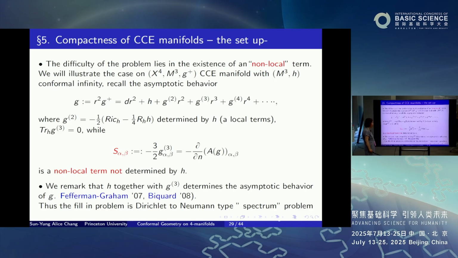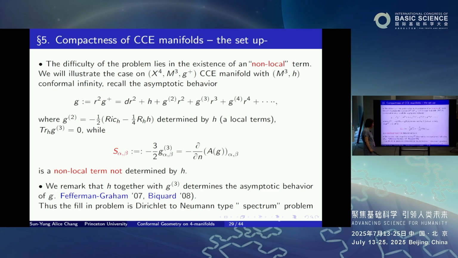So this is information of g that is not completely decided by h. Okay, so we have this non-local term not determined by h. The non-uniqueness problem comes from here. Given h, there could be 2 different g.